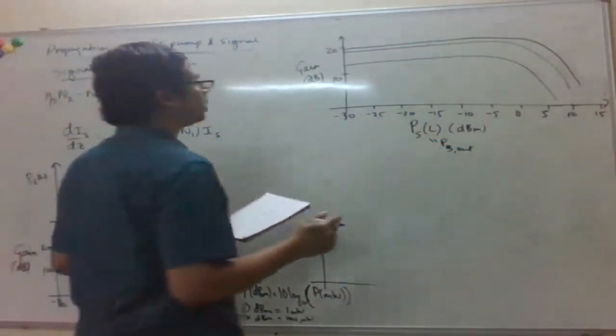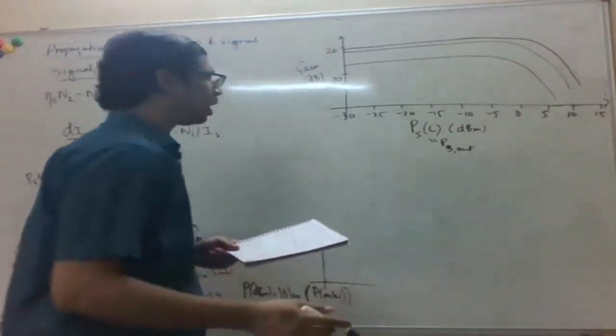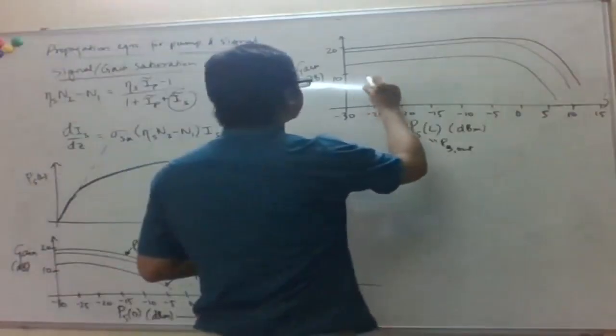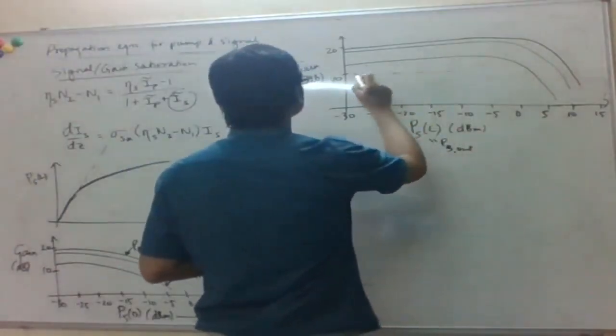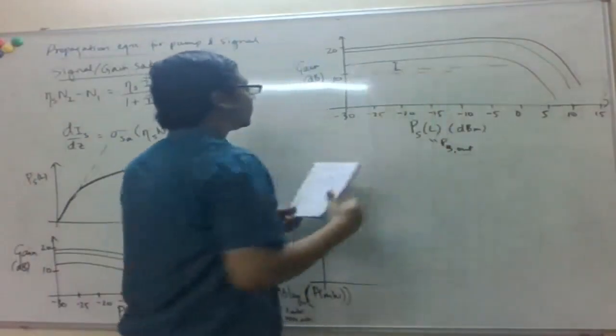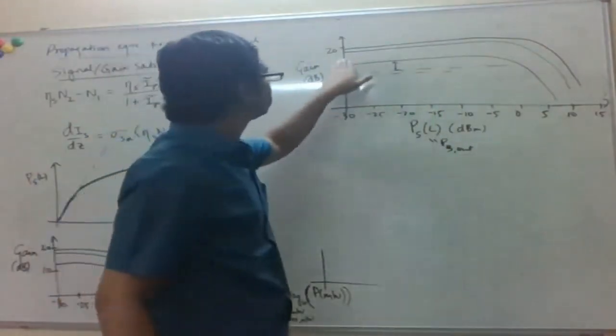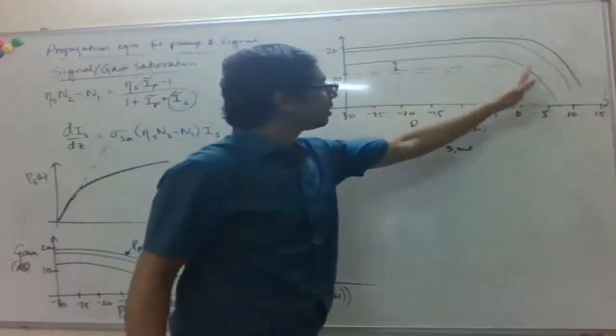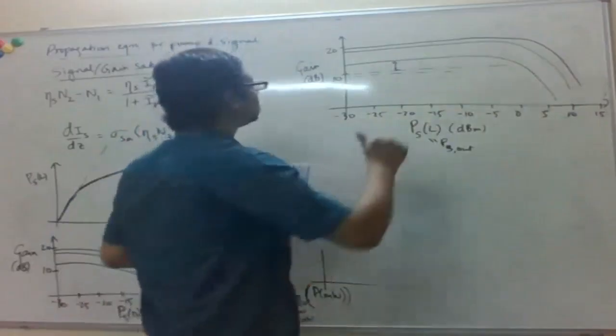Okay, and we can define output saturation power by the point at which the gain drops by 3 dB. So we have some small signal gain here for low powers, which is constant until the power reaches some high value where it starts causing a reduction in the gain.